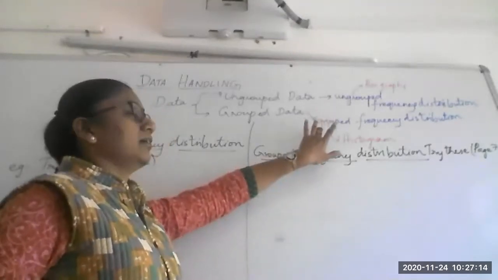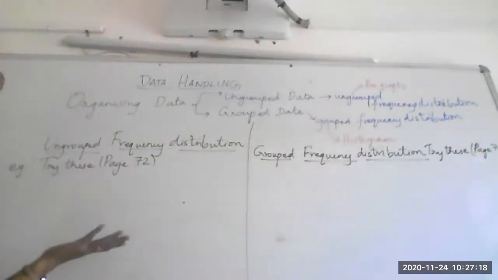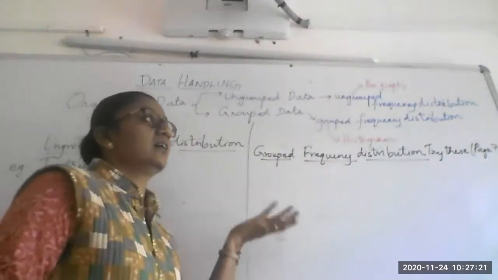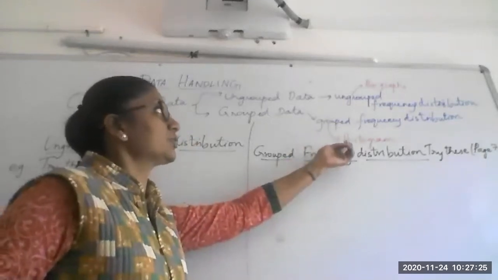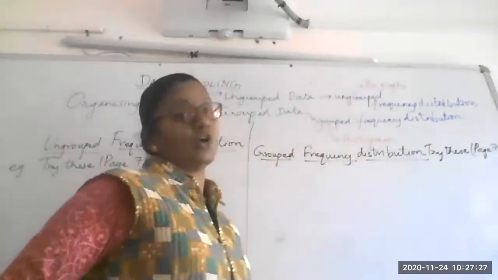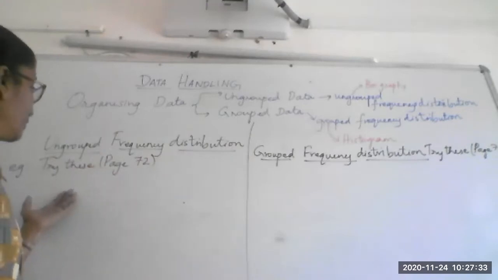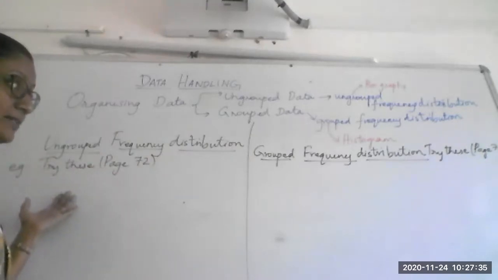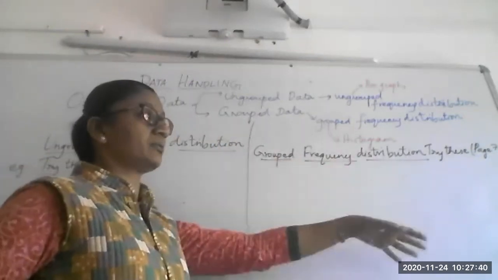Now, a grouped frequency distribution will allow you to represent the given data in the form of a histogram. How is a histogram different from a bar graph? Also, we will try to understand that today. All right. So, we have 2 or 3 objectives. We are going to see how to prepare an ungrouped frequency distribution and how to prepare a grouped frequency distribution.